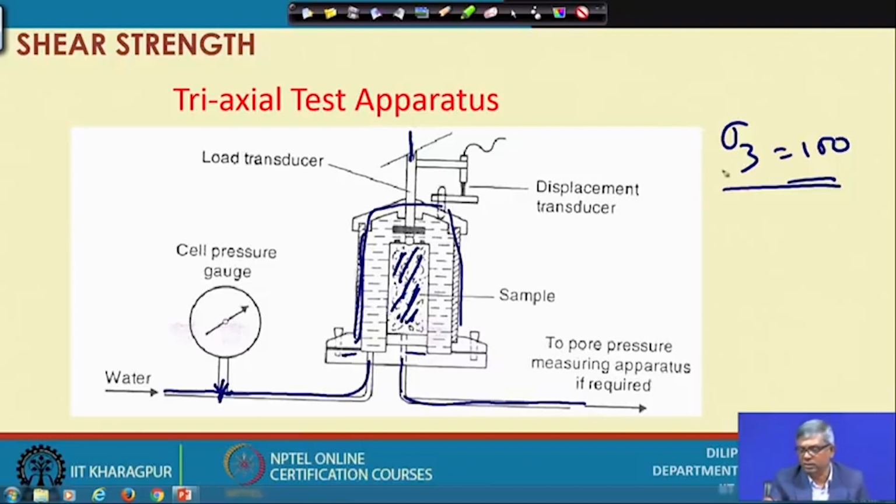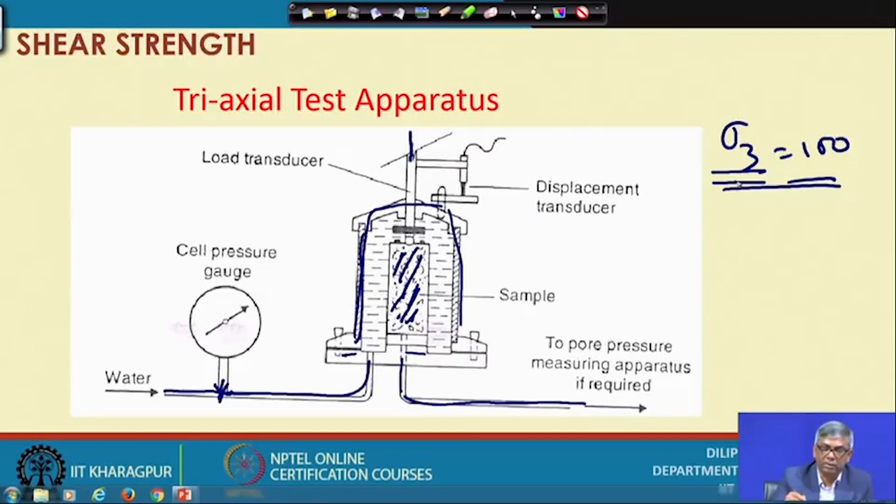On a particular sigma 3, how much sigma 1 there is at failure, that is the thing we observe. After observing that, as I have shown before, sigma 1, sigma 3, C and phi have a relationship. By using that relationship we can find out C and phi.